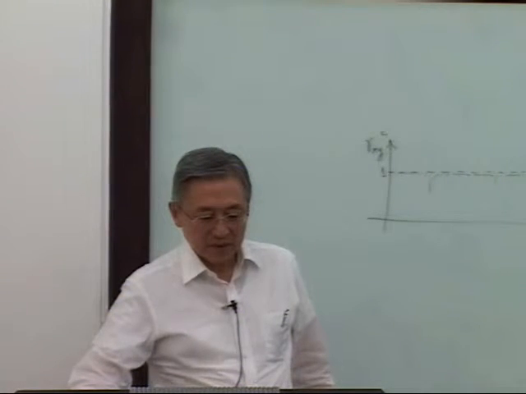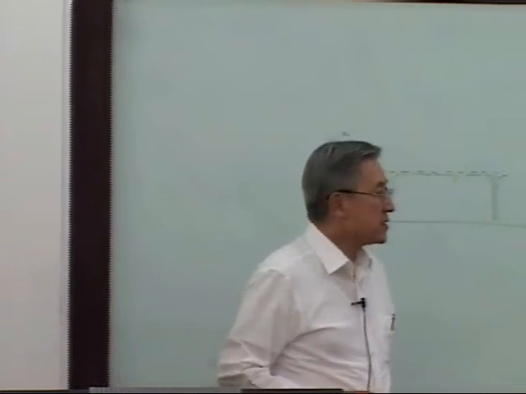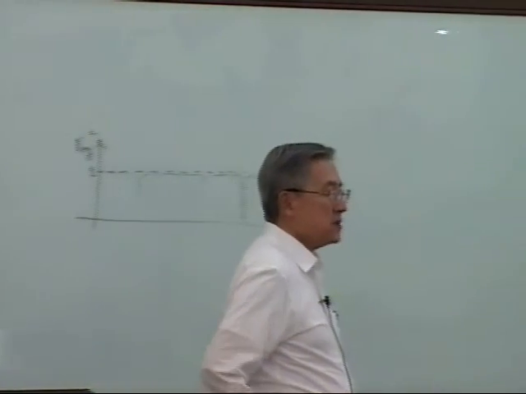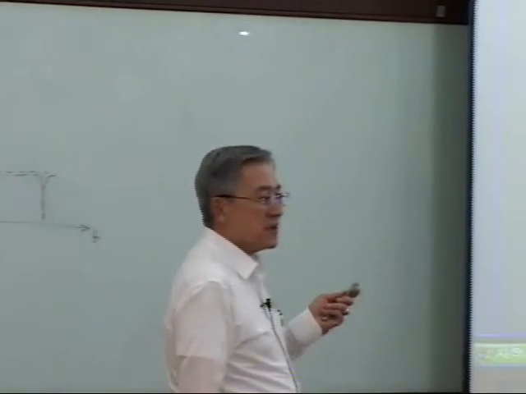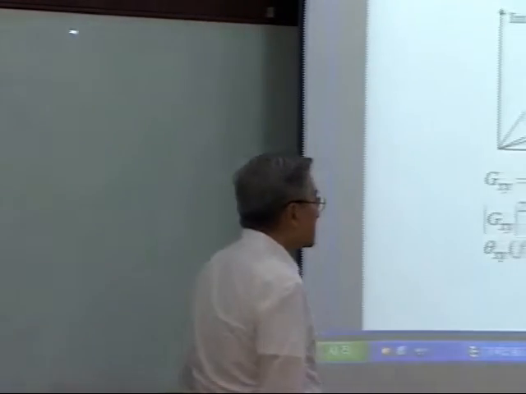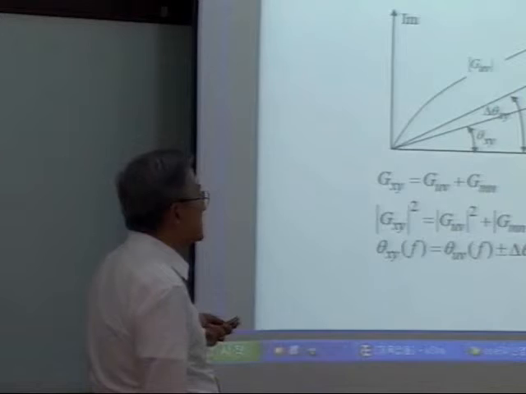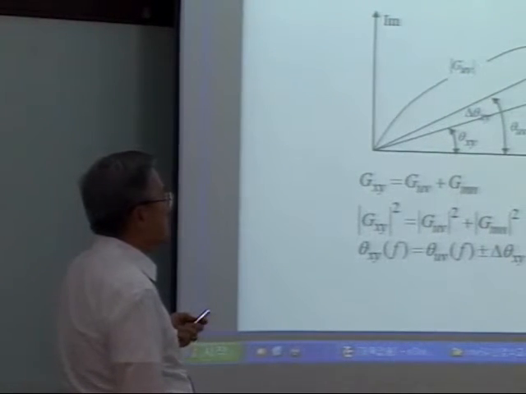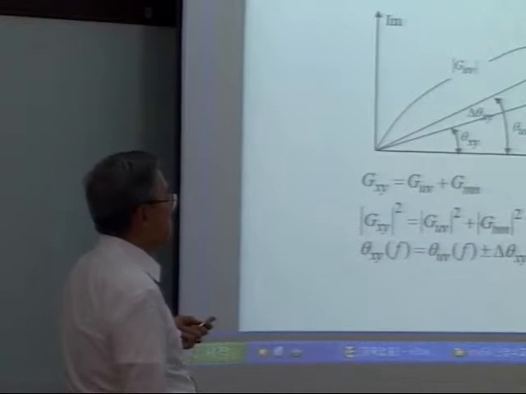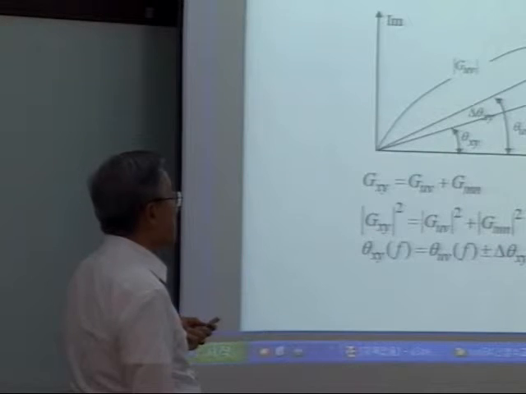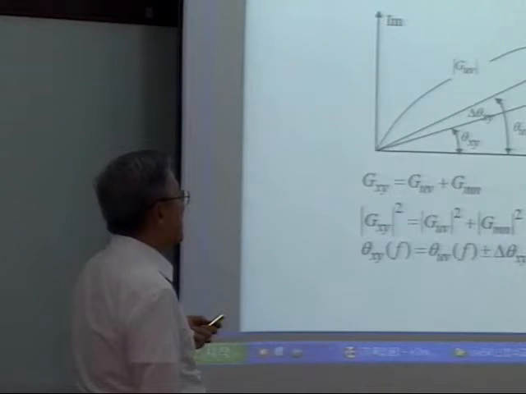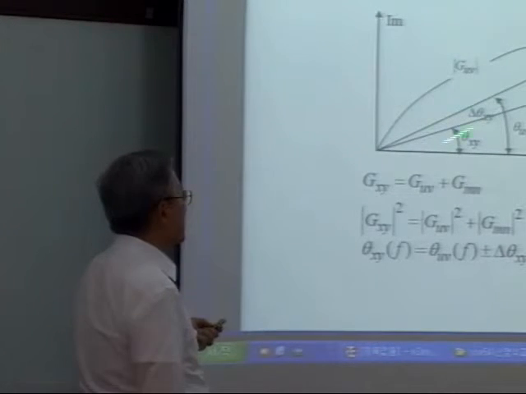Another case is where |G_UV| absolute is parallel to |G_MN| absolute. Well, that's one situation. Another critical or extreme situation is where this point could be here.